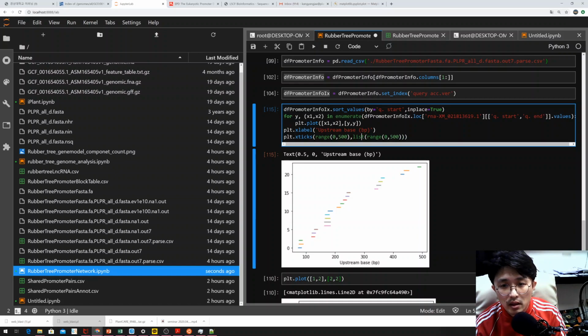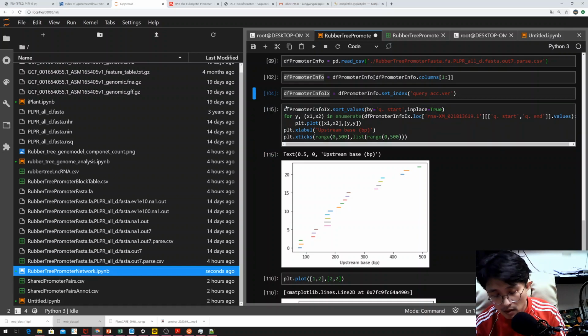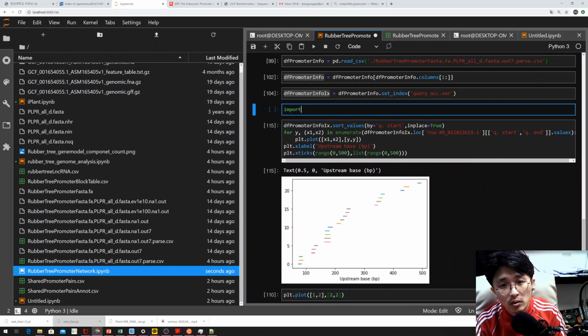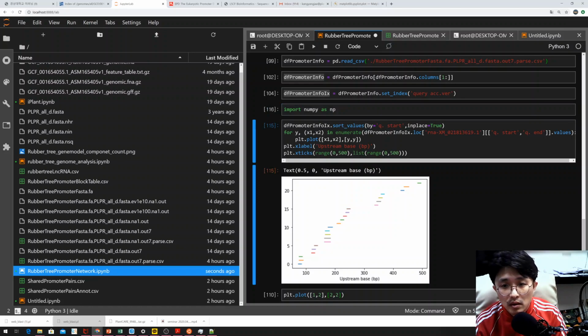Do I have numpy here? I don't think so. Go to numpy, and numpy array.